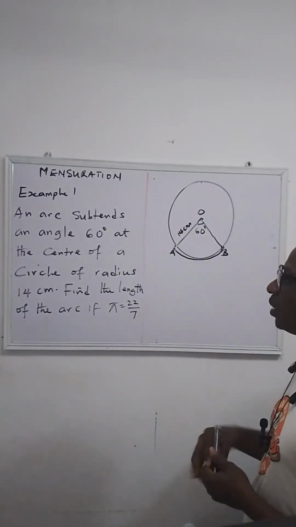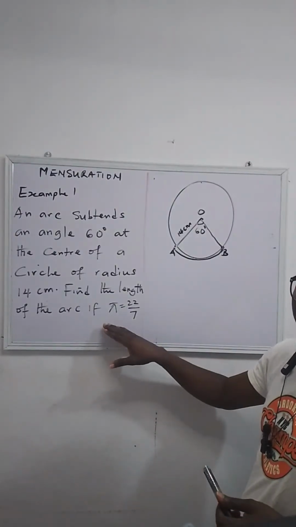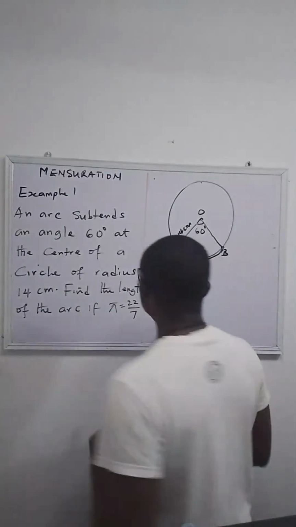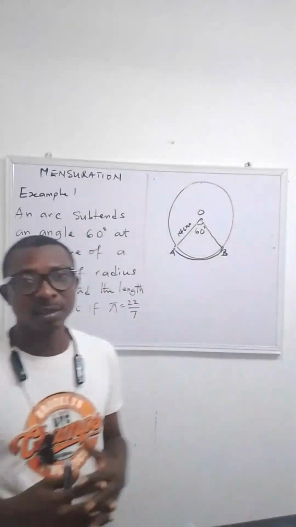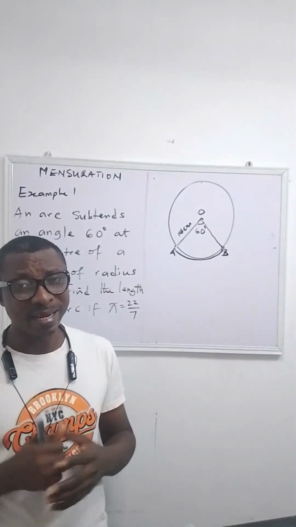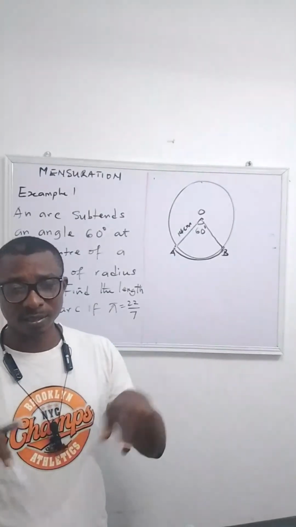Now the question is to find the length of the arc if pi is 22/7. So how do we solve this problem? The first thing that comes to mind is the formula for calculating the length of an arc. I will quickly remember that an arc is a fraction of the perimeter of a circle.